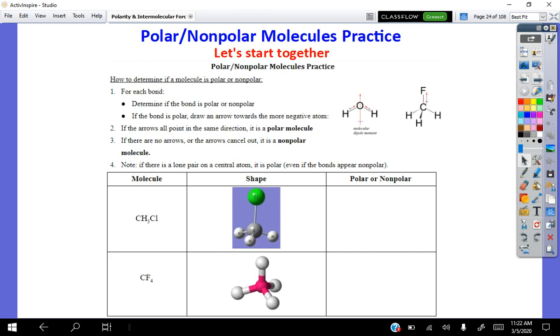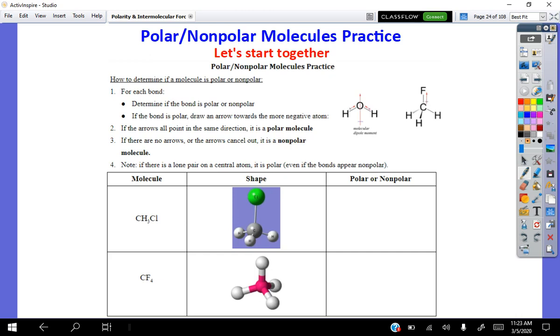That's something I want to specify because a lot of times we get caught up in the minutia of things, and I see from time to time that people still draw bond dipole arrows on nonpolar bonds. Now, I'll be honest, it's not a terrible thing because we know the only true nonpolar bond is something that's bonded to itself, but we don't really need to draw a bond dipole arrow in that scenario.